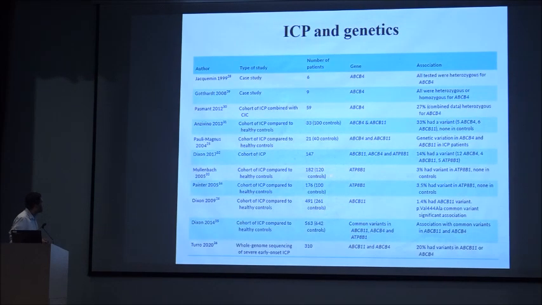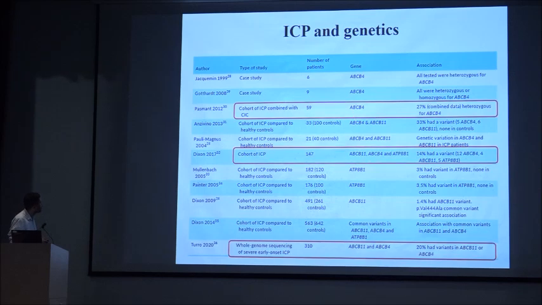So, coming to the studies, there are several studies in adults which have shown that both ABCB4 and ABCB11, by the mechanism that I showed previously, are associated, and as many as 14 to 27% of ladies developing ICP will have one or more heterozygous or missense homozygous variants in ABCB4 or in ABCB11.